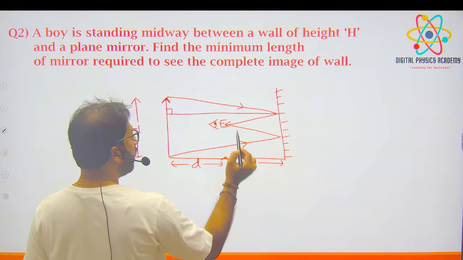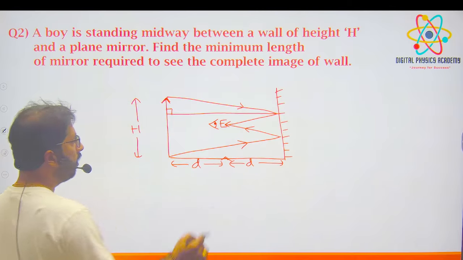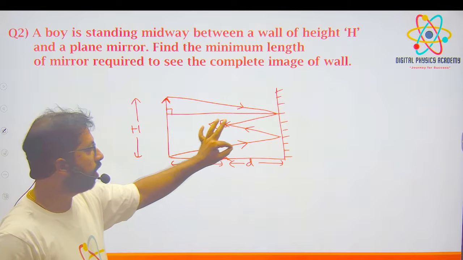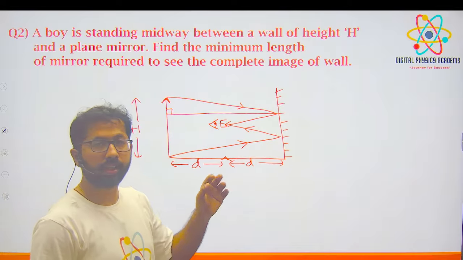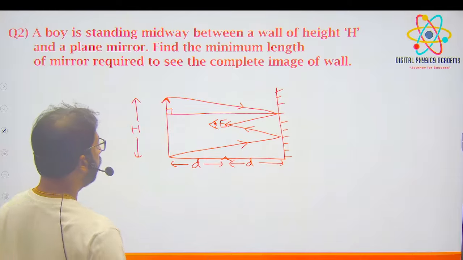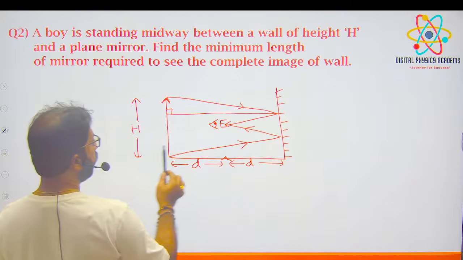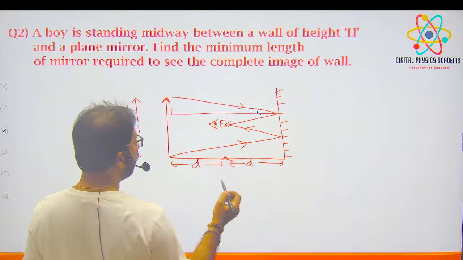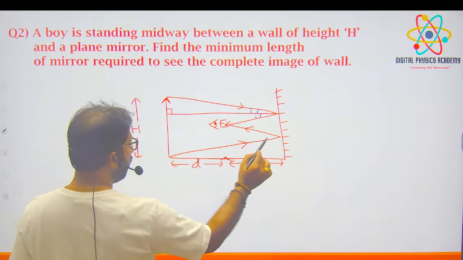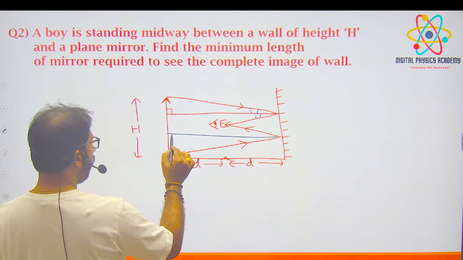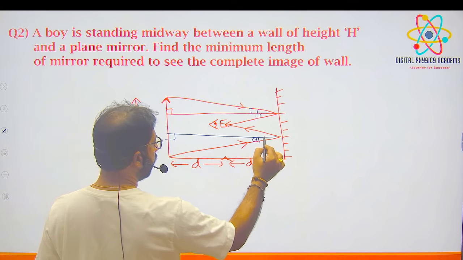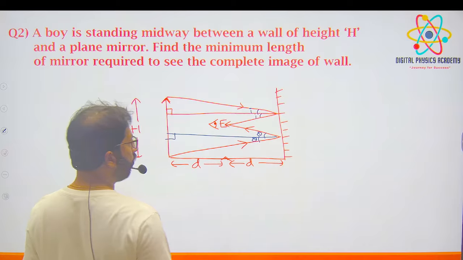Then only you can see the complete image of the wall. Top of the wall should reach the eye and bottom of the wall should reach the eye. Then only you can see the complete image of the wall, right? I will call this angle of incidence i, this also i. And similarly, I am drawing the normal here. This is angle of reflection here also. Angle of incidence, angle of reflection I drew.